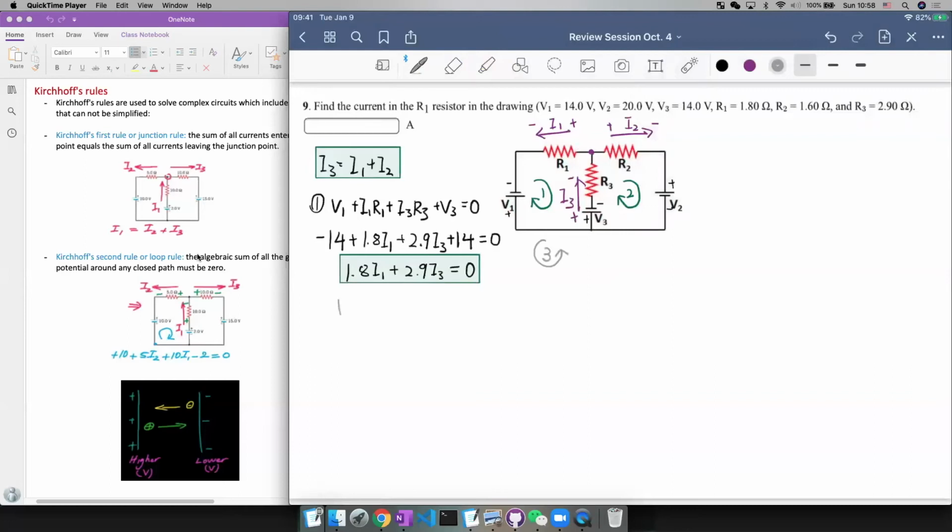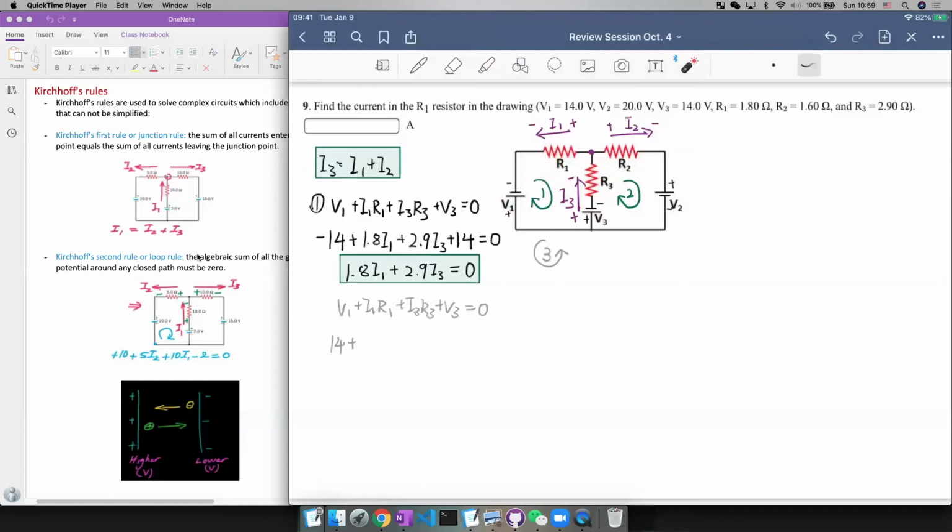Still, V1 plus I1 R1 plus I3 R3 plus V3 equals 0, right? And then we look at V1. Since we have it counterclockwise, V1 now is a gain. It's 14, not minus 14, right? It's 14.